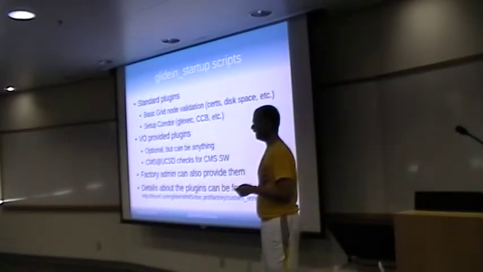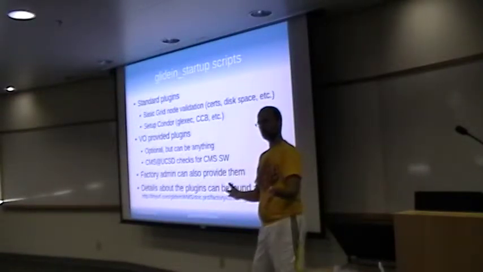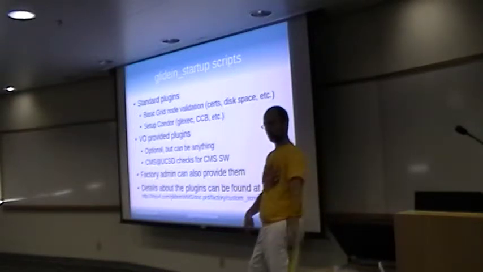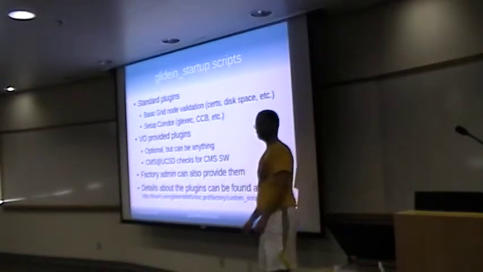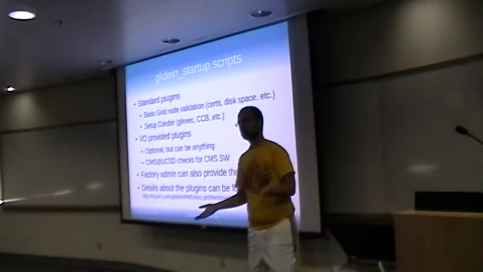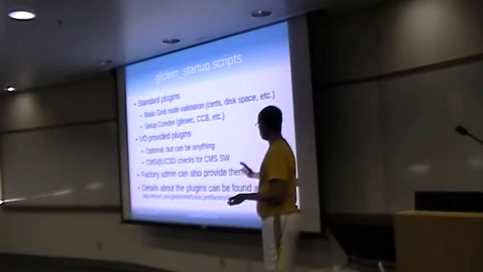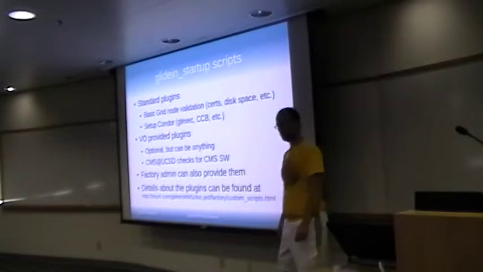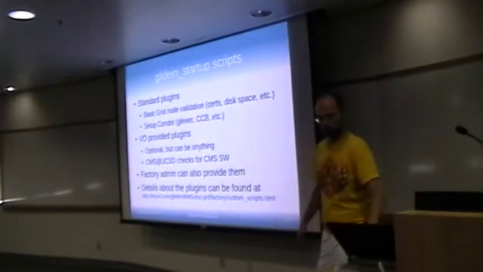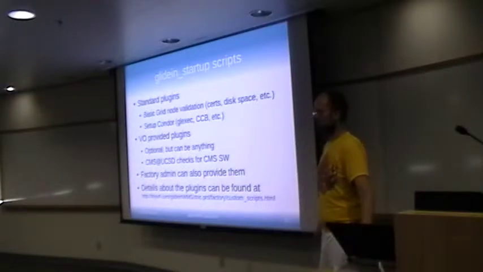But they are nice to have so that you can avoid problems or set the environment for the users so that it looks like your local cluster, for example. For example, CMS at UCSD checks that the CMS software is installed. Basic validation stuff. The factory administrators provide them, and there are more script details that we have a complete talk about. So this is just 10,000 feet here.